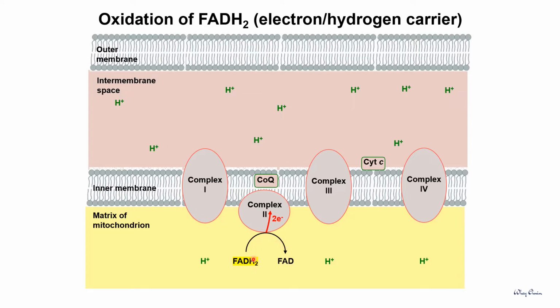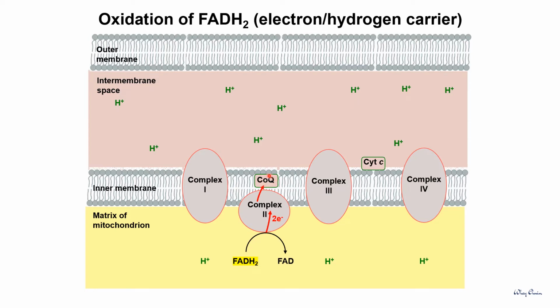Redox reaction occurs when FADH2 is oxidized to produce FAD, and complex 2 is reduced when it accepts the electrons from FADH2. When complex 2 becomes reduced, it has high energy electrons that make it unstable. So it will pass the electrons to the next electron carrier, which is ubiquinone or coenzyme Q.